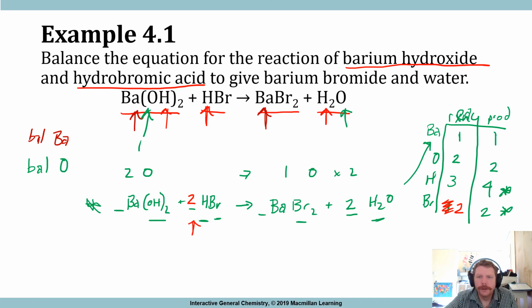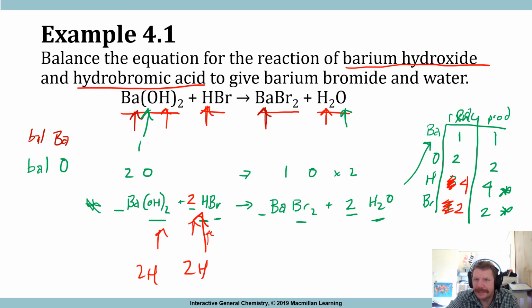Did it change the number of hydrogen? It did. I went from having 3 hydrogen on this side, 2 here, 1 here, to now I've got 2 here, 2 hydrogen here, and 2 hydrogen here. So now I've gone from a total of 3 hydrogen on my reactant side to 4 hydrogen on my reactant side.